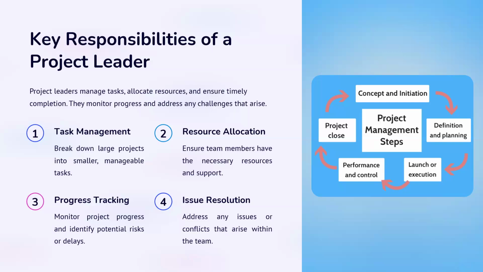So task management is very important: breaking down large projects into smaller, manageable tasks. Because if you show someone a 1.5 year long project, say an 18-month project, and for 18 months there should be a continuous input from the employee, it seems like a magnanimous task for that employee.